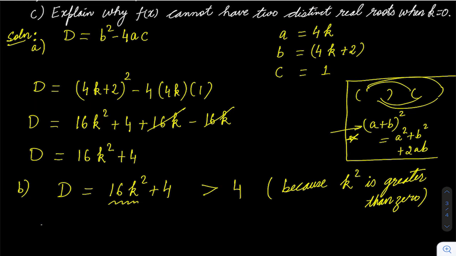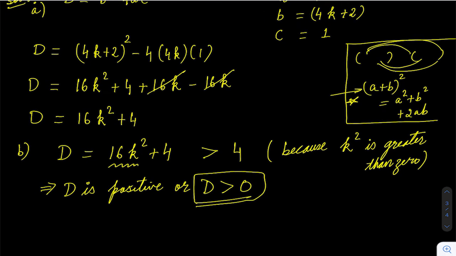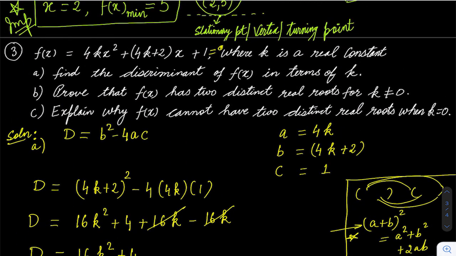And discriminant greater than 4 implies the discriminant is positive, or you can say the discriminant is greater than 0, right? If some value is greater than 4, then obviously that value is greater than 0 also. So it means it will have real and distinct solutions. That's all they are asking in B part, that we have to prove it has real and distinct solutions.